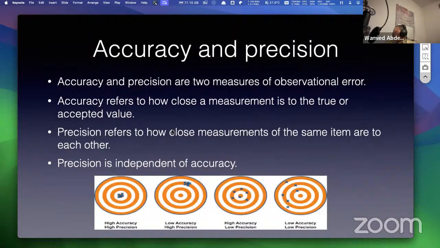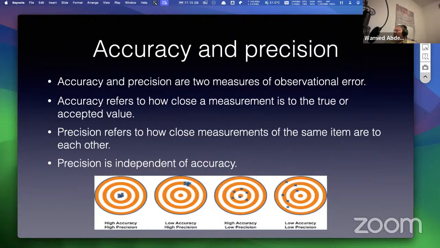So accuracy and precision. These two measure the observational error. Accuracy refers to how close the measurement is to the true or accepted value. And precision refers to how close the measurements or readings are when we repeat the experiment several times. So precision is independent of accuracy. They're not the same.